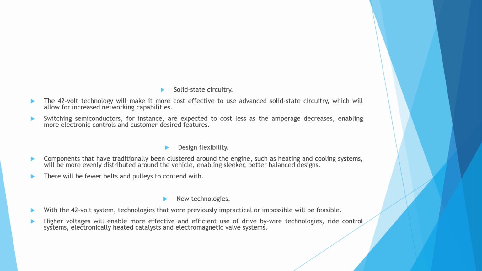And the next one is new technology. With the 42-volt system, the technologies that were previously impractical or impossible will be feasible. Higher voltage will enable the more effective and efficient use of drive-by-wire technology, ride control system, electronically heated catalyst, and electromagnetic valve systems.